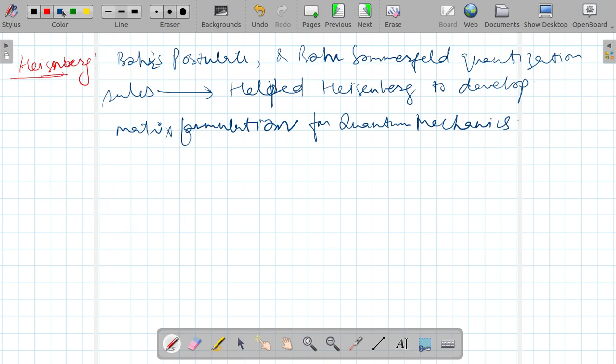So let us start with the motion of a particle. The particle is moving in a fixed orbit. Particle means electron.